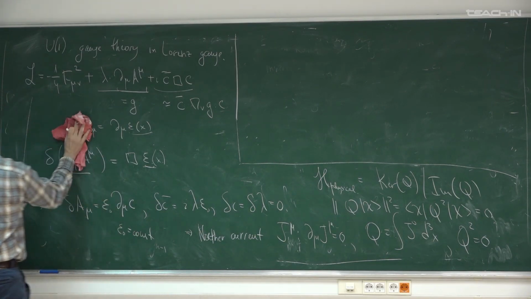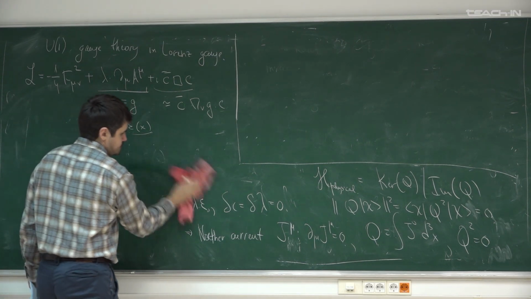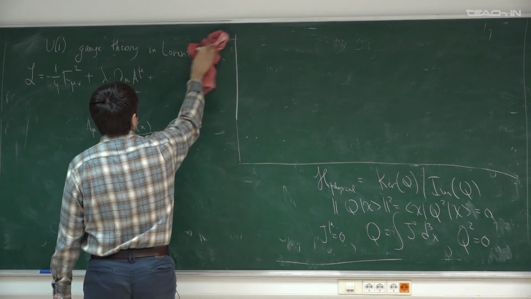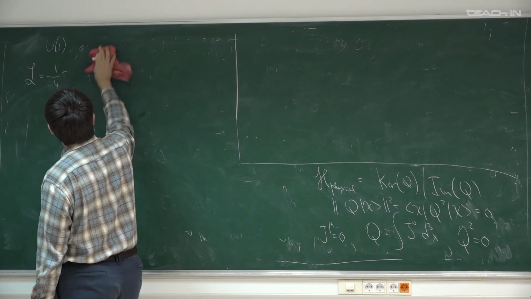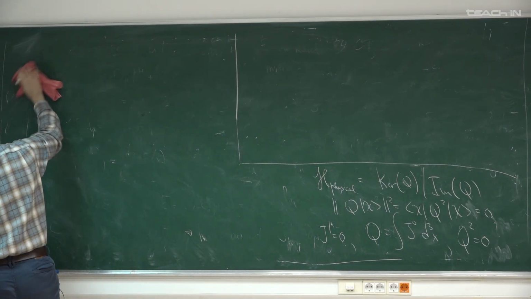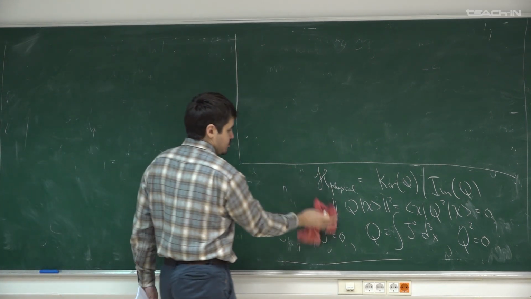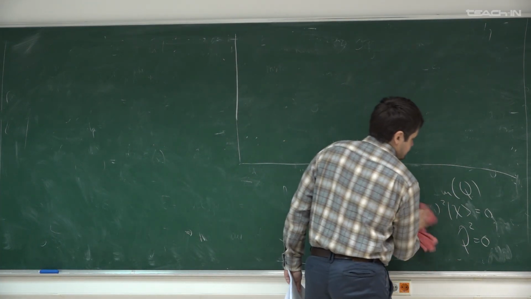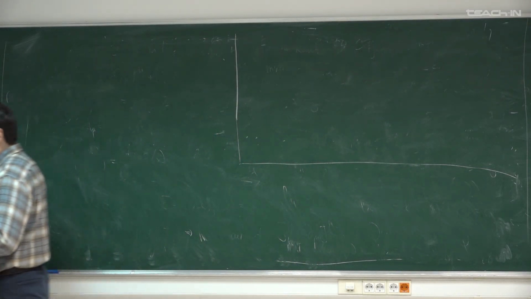So there they're really essential. In our string application, it will be somewhat closer to electrodynamics, in the sense that the ghosts will also be free. But still, it's interesting enough.